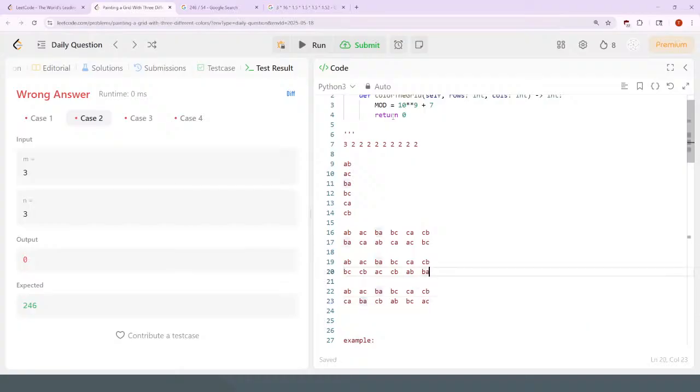Okay. So of the 6 ways of forming the first 2, each one pairs with 3. And that makes it 18.